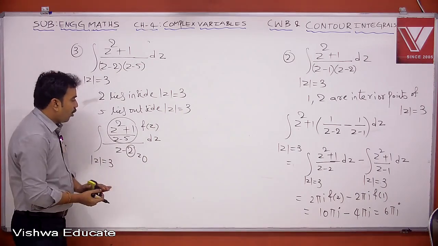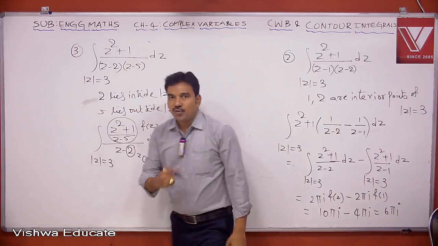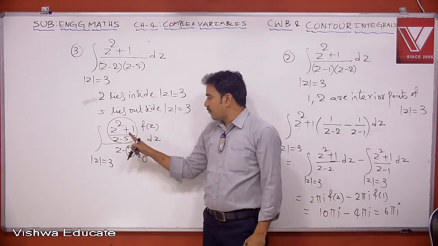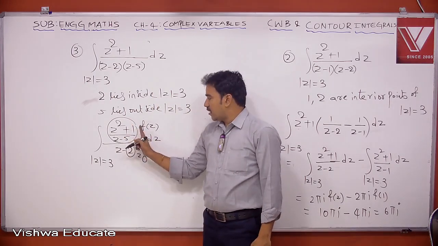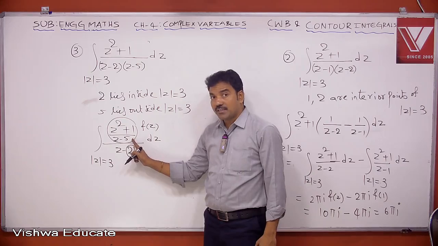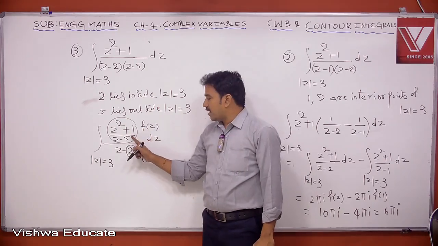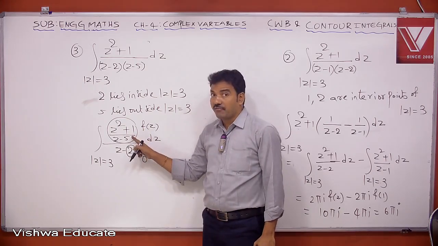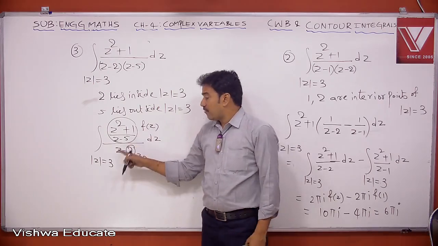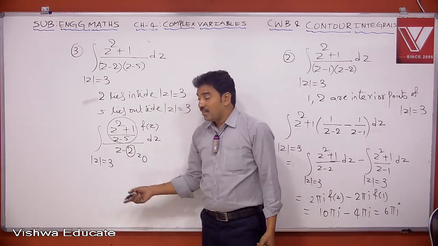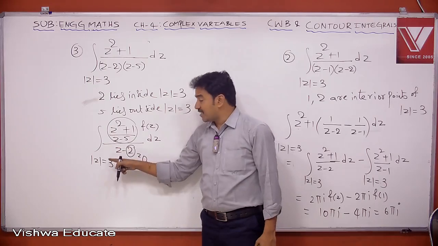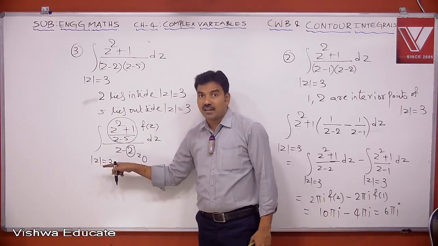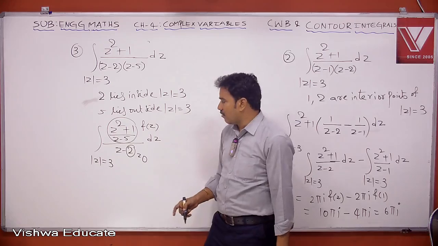But what is the drawback of this f of z? You may ask me. The f of z is z square plus 1 by z minus 5, but it is analytic at all points except at 5. It has a drawback at 5, but 5 is not a member of this circle. Therefore, it is analytic at all points inside and on the boundary of this circle, so you can apply Cauchy's integral formula.